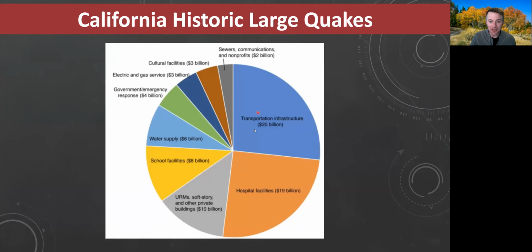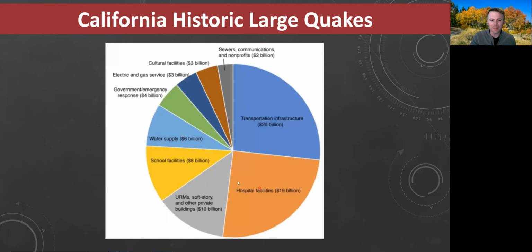This is what they spend the money on, so bridges don't fall down, so that train tracks, subways and BART don't stop working or smash together, and to keep hospitals up and running, because you're going to have lots of injured people during a big earthquake.